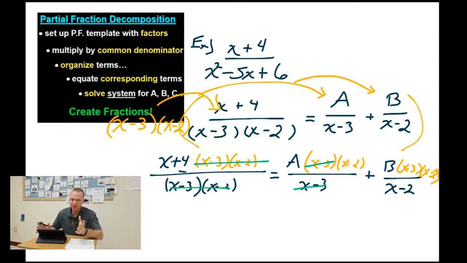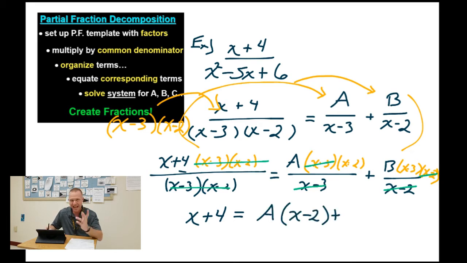Well, in other words, it partially cancels with that common denominator, right? And then here x minus 2 cancels. And so I'm going to be fine if, when you're ready, you're comfortable just writing down the result of that multiplication. In other words, an A times just x minus 2 and a B times just an x minus 3.